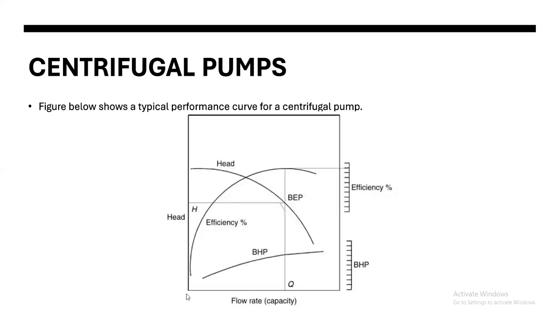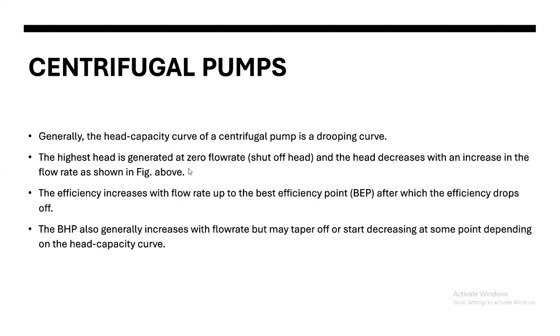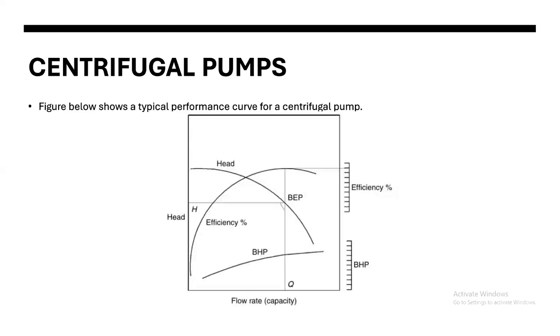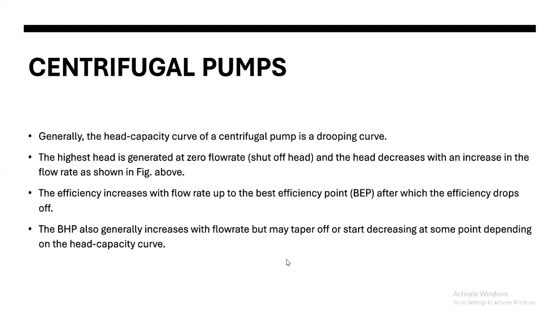The efficiency increases with flow rate up to the best efficiency point, BEP, after which the efficiency drops. So efficiency will increase, you see BEP here, then it starts to drop. The BHP also generally increases with flow rate, but may taper off or start decreasing at some point depending on the head capacity curve.